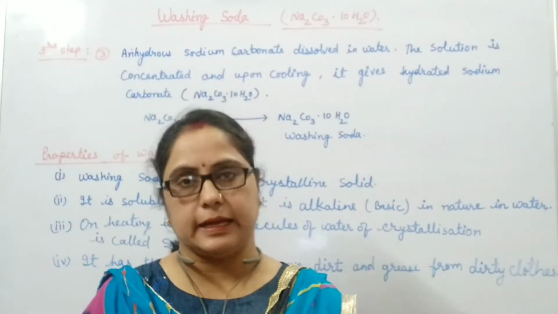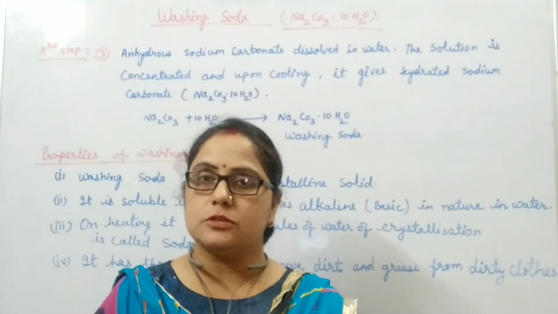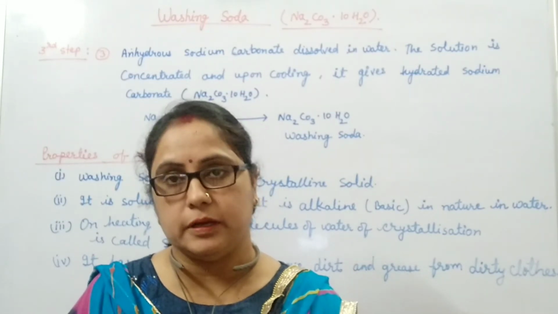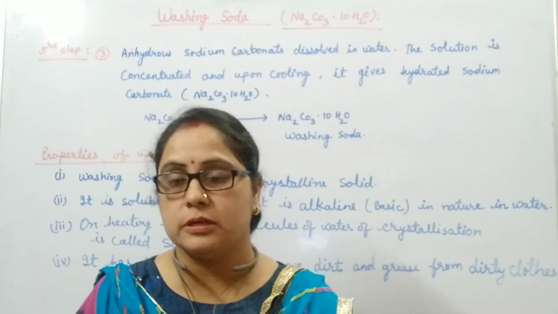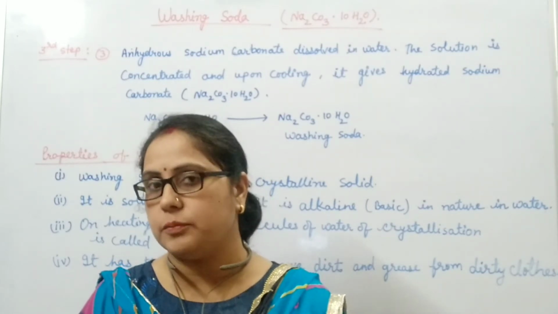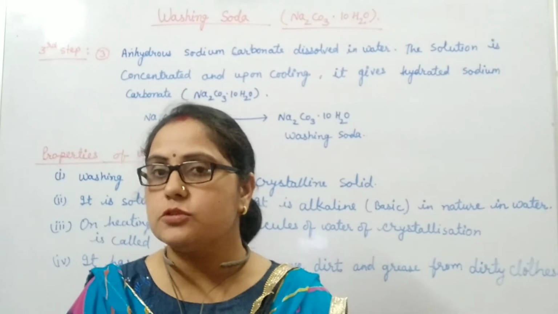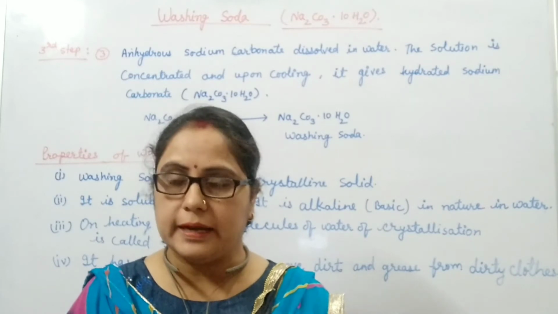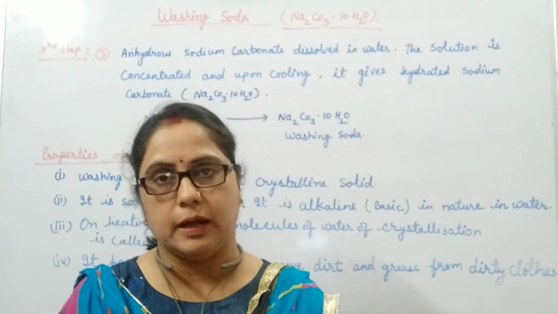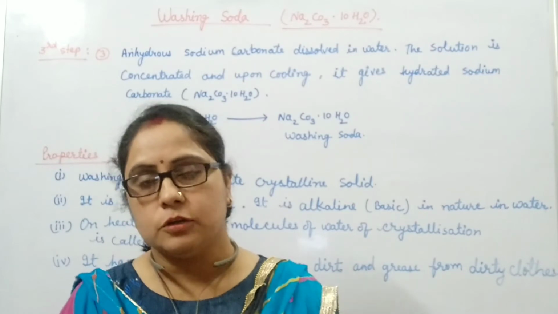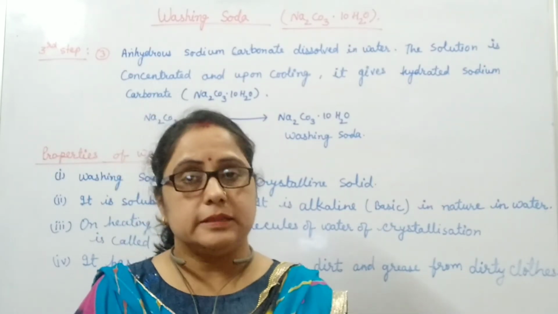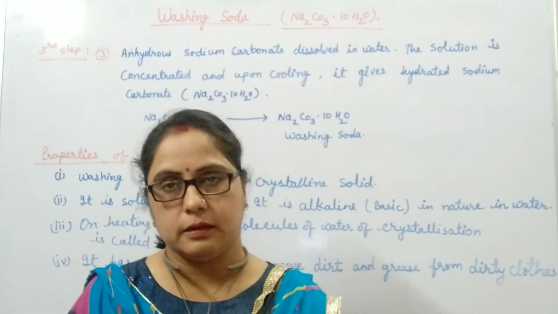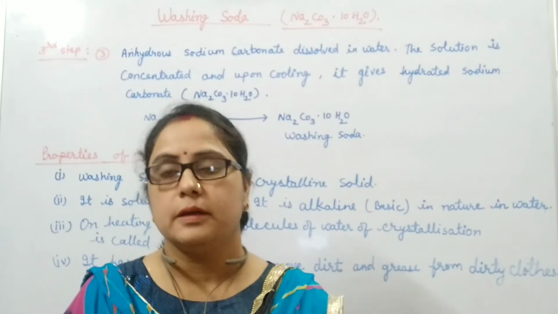In the first and second steps, we get the sodium carbonate. By the reaction of ammonia gas and carbon dioxide gas through brine solution, we get sodium hydrogen carbonate, which is slightly soluble, not completely soluble in water. So we heat that sodium hydrogen carbonate and get sodium carbonate. This sodium carbonate is in the anhydrous state, without water molecules of crystallization.